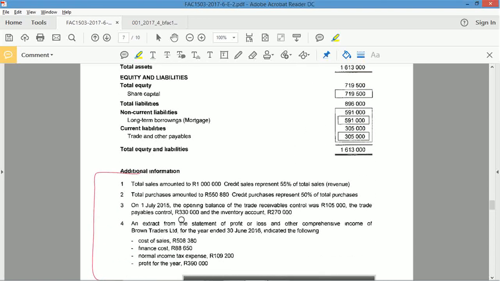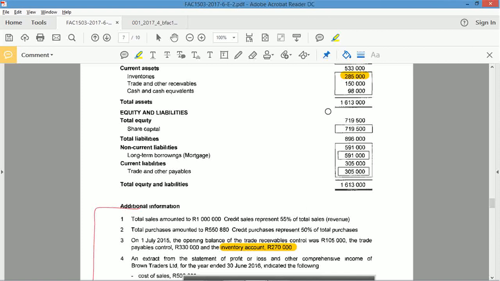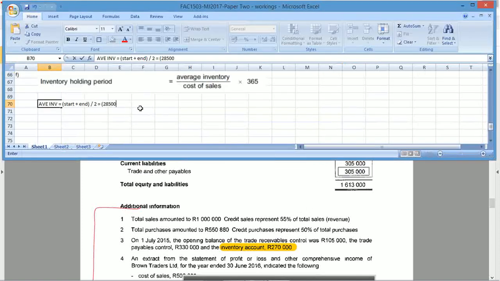Cost of sales, point number 3, on the 1st of July. Oh, inventory, there it is, correct. You've got everything. So it's 285 plus 270. Gives me that.